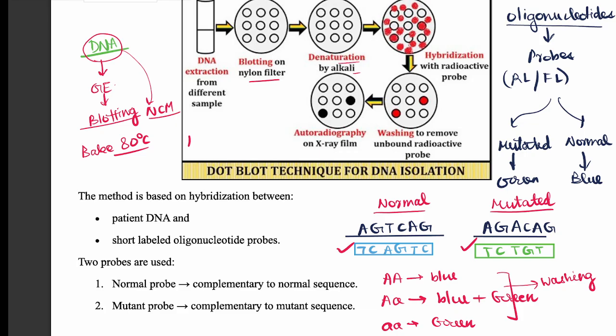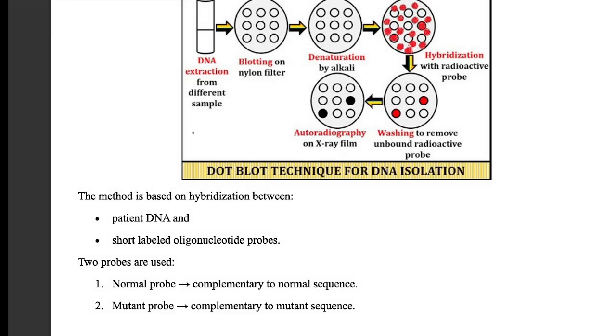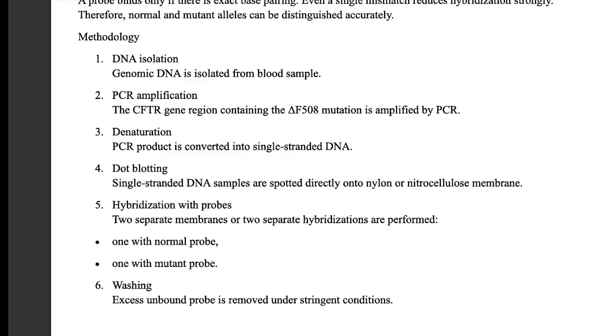If after washing only green probes remain and none is blue, it has detected the presence of the recessive homozygous disorder. So this is the core concept which we are using in the ASO dot blot assay.